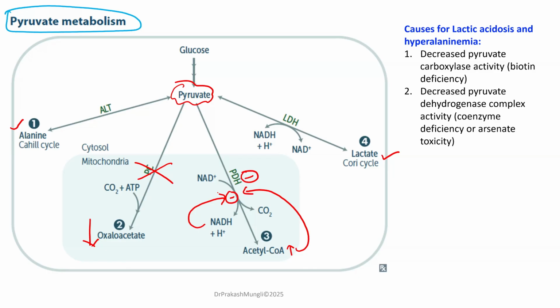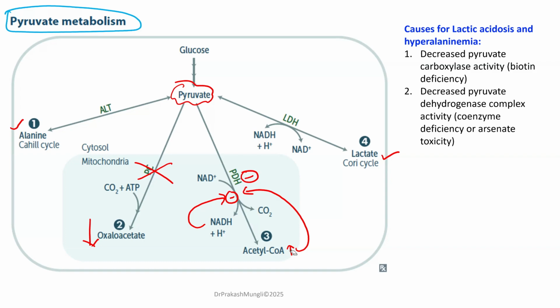That means overall diversion of pyruvate into acetyl-CoA slows down. That is why you don't see accumulation of acetyl-CoA, because of the negative feedback effect. It doesn't allow diversion of more and more pyruvate into acetyl-CoA. You don't see acetyl-CoA building up in the blood.